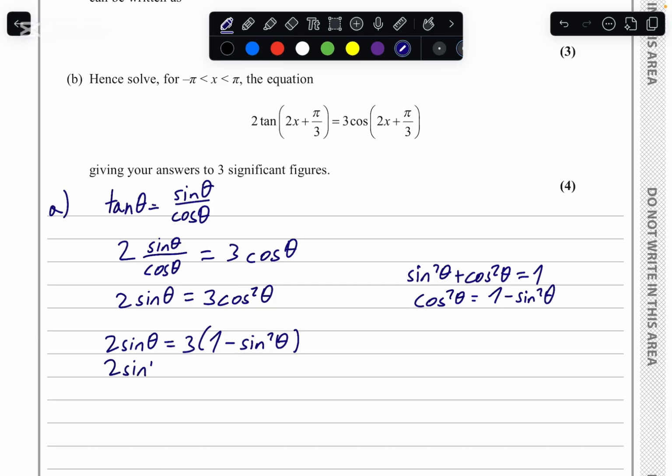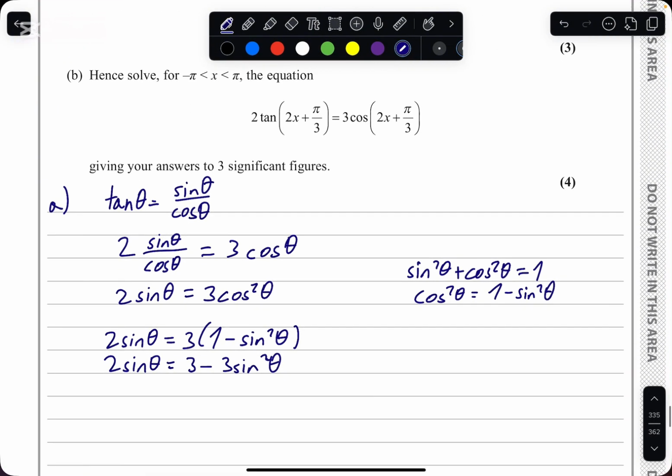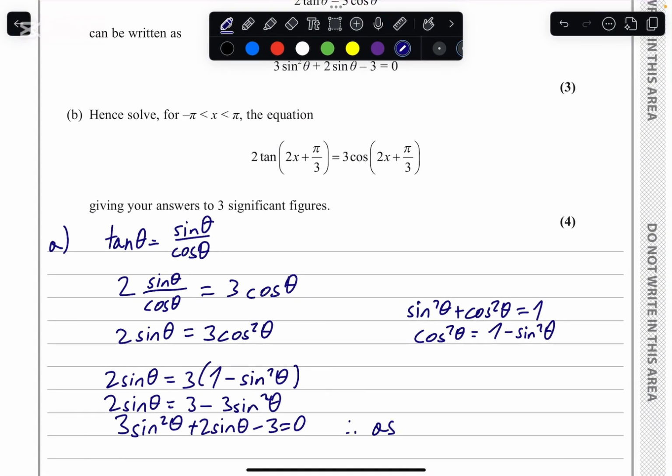Expanding that bracket, we get 3 minus 3 sine squared theta. And bringing that all to the positive side, we get 3 sine squared theta plus 2 sine theta minus 3 equals to 0 as asked.